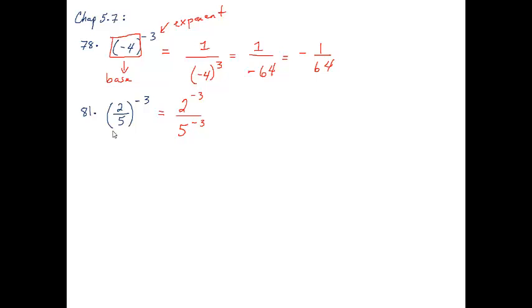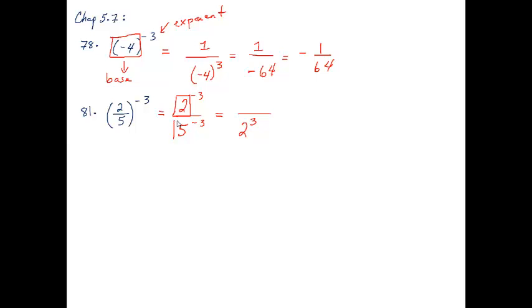So, if I have a quotient raised to a power, the rule is to take each piece of the quotient and raise it to the power. And make sure you keep the quotient. Now, we see this base is 2, and he's being raised to a negative exponent. So I must take him from the numerator to the denominator, and his exponent becomes positive.